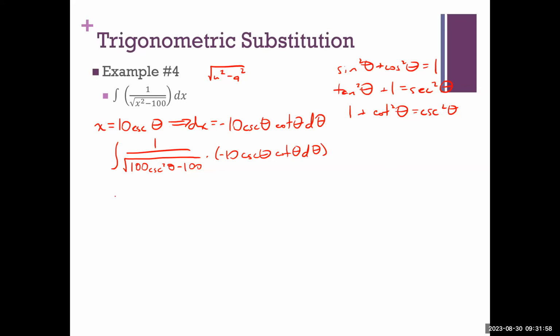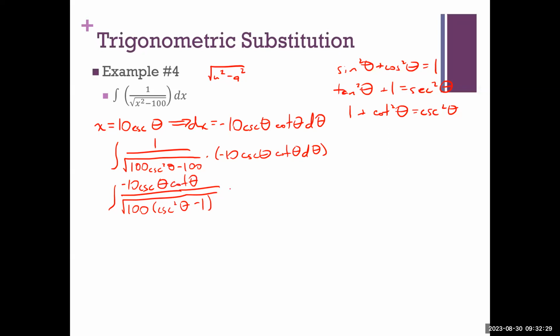What does the radical become? 100 and then cosecant squared theta minus 1. Does that help? Cool. What is cosecant squared theta minus 1? Cotangent squared. So that's the way to go. That's a way to go.